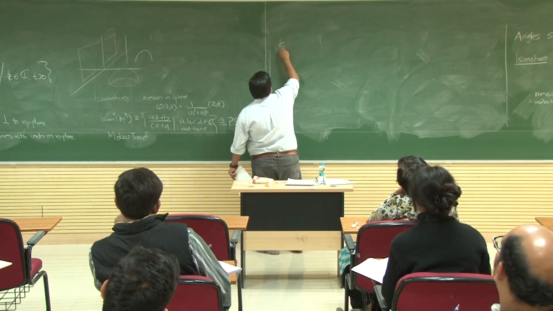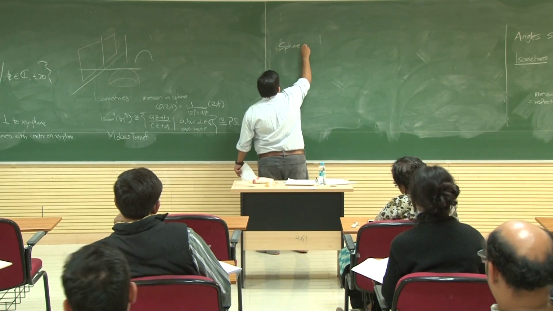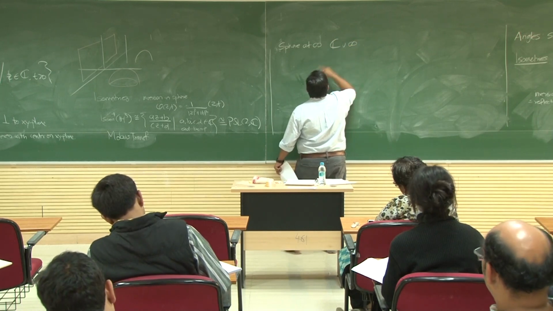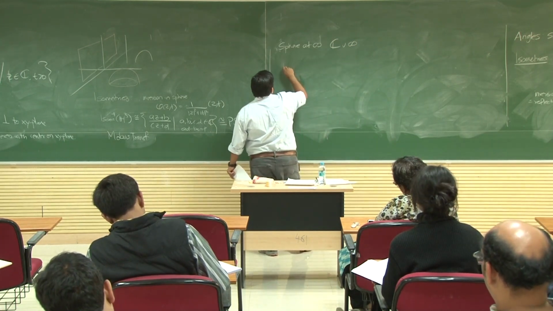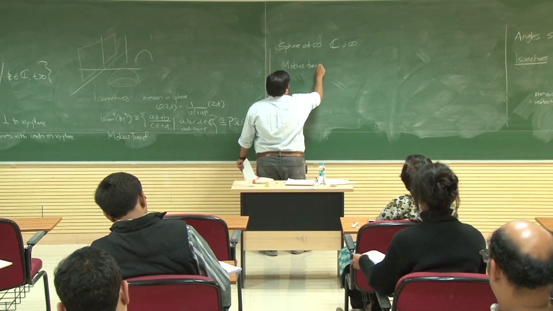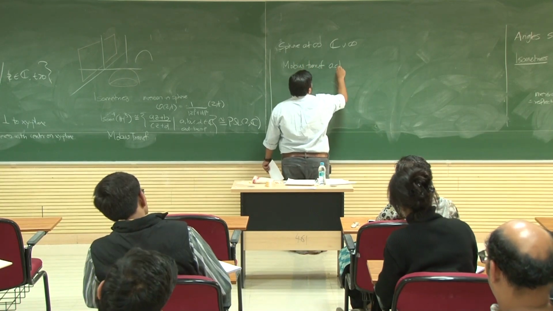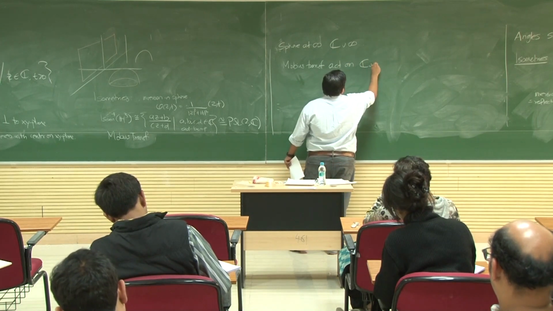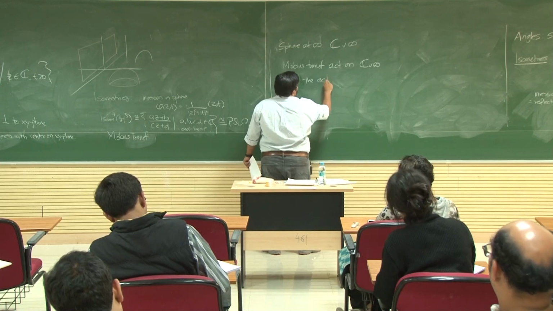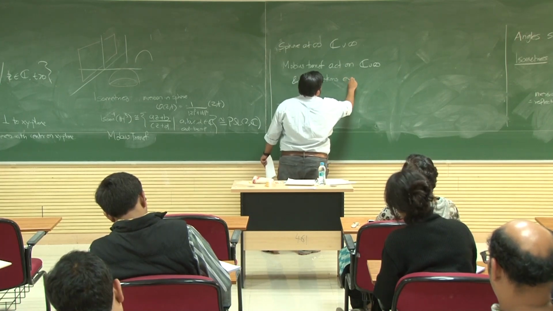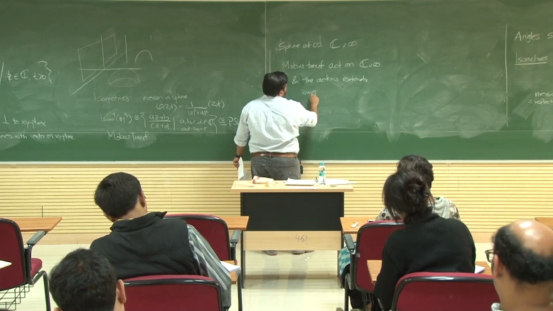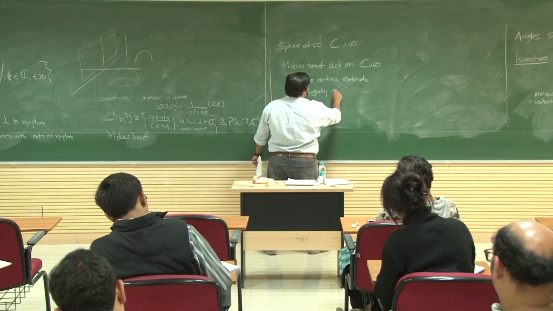So, you have this sphere at infinity as before, C union infinity, and your Mobius transformations act on C union infinity, and the action extends uniquely to an isometry of H3.